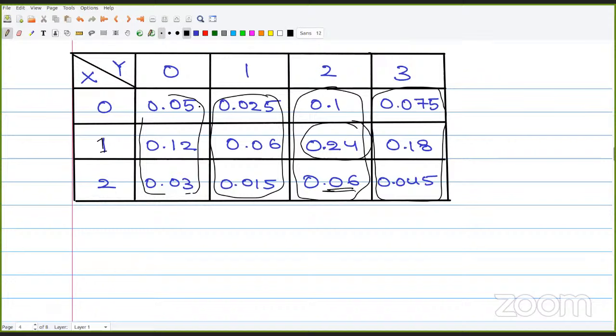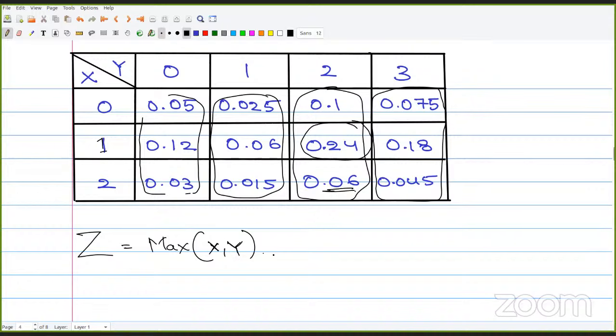Now let's come to a new random variable z, which is max of x comma y. What is max of x comma y? X and y are random variables. This takes some random number and this takes some random number. Among those two random numbers, whichever is maximum, that we will take.